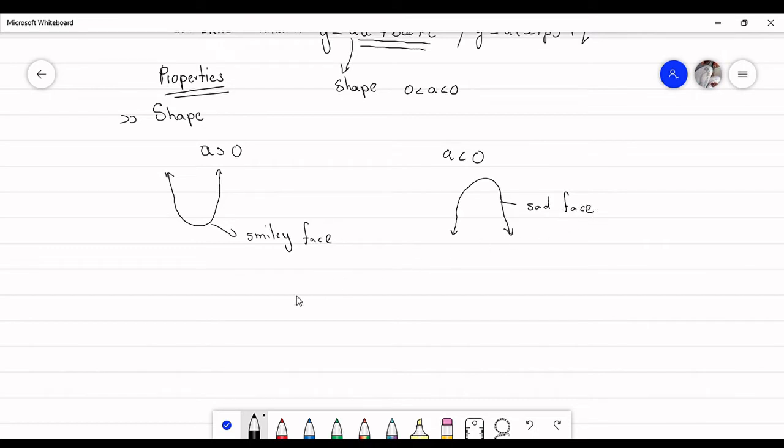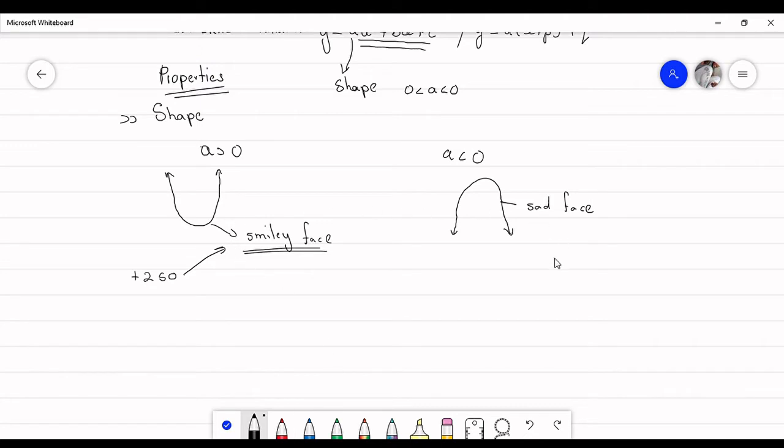But it makes sense. Let's say that you receive an amount of 250 from your parents. When you receive this amount of money, you become happy. You'll have the smiley face because you'll be spending that money buying sweets or anything that you want.